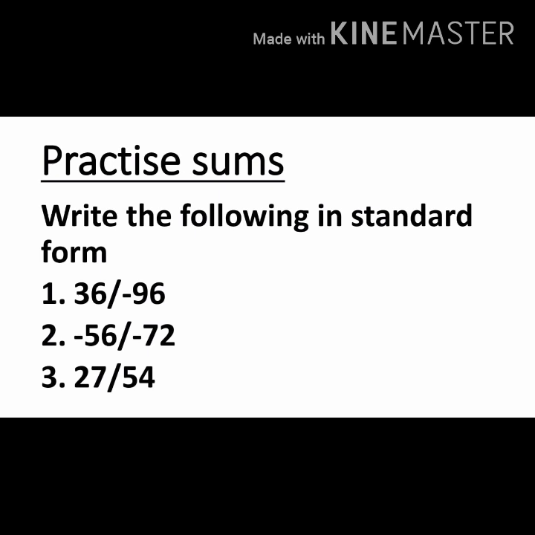Students, here I have given some practice sums. Do it carefully. To solve these sums, I will give some hints. In the first sum, it is given that 36 by minus 96. Observe here, the denominator is negative, so you know what you have to do.